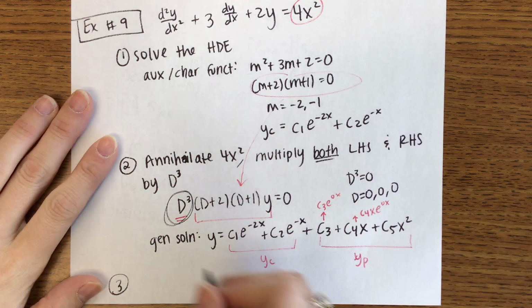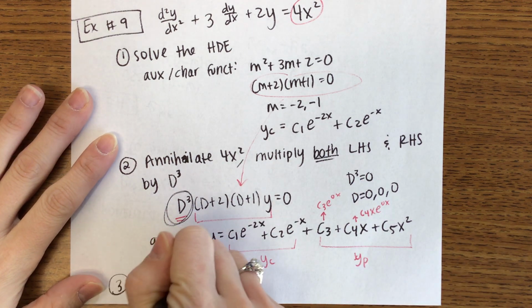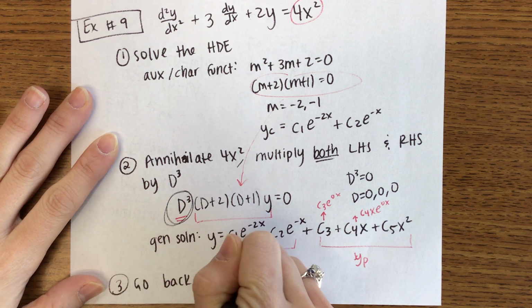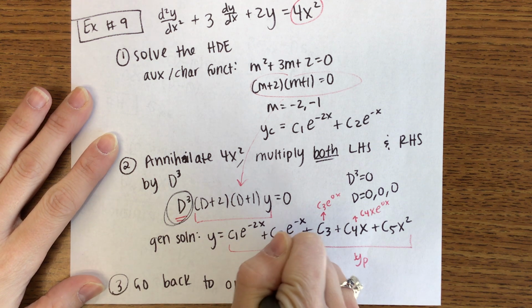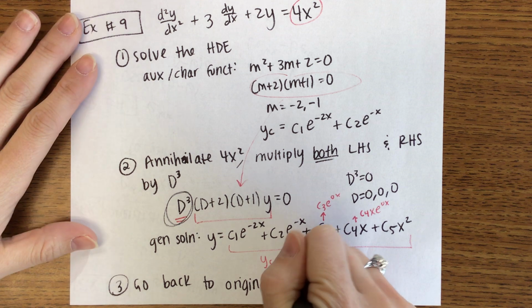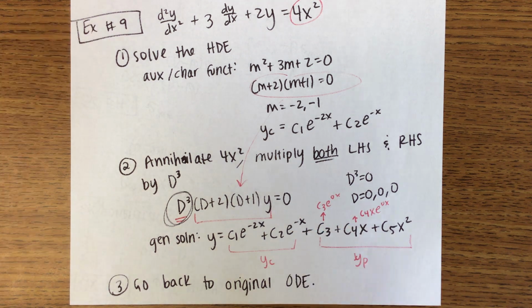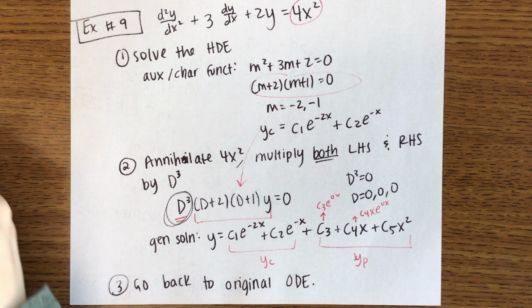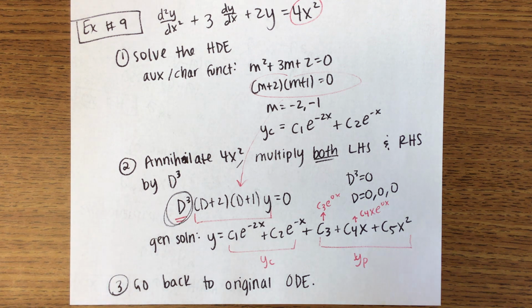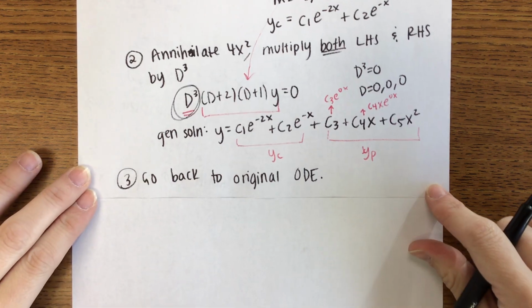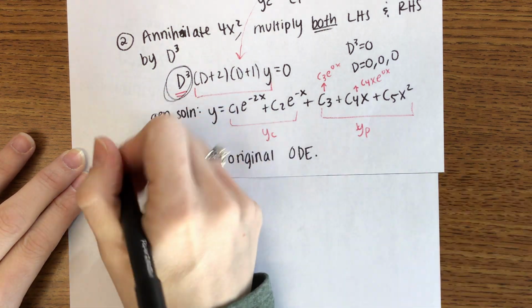Okay, so next thing that we are going to do is we are going to return to the original differential equation. We are just going to look at the particular solution.